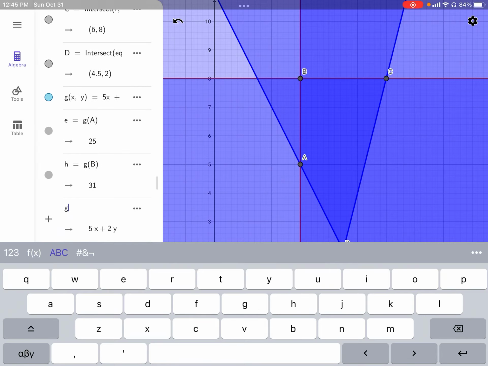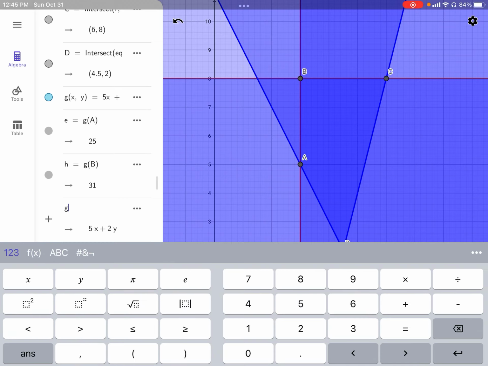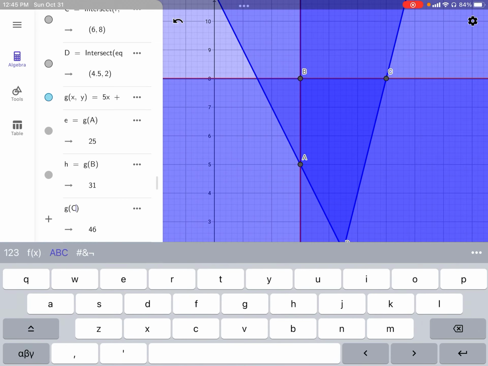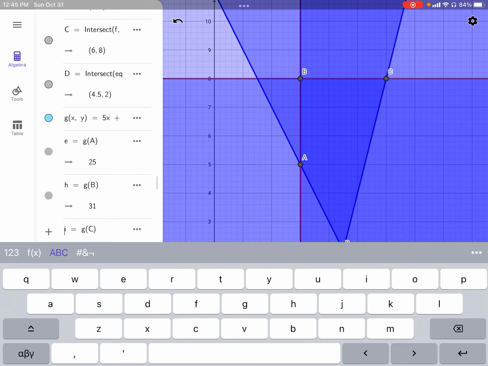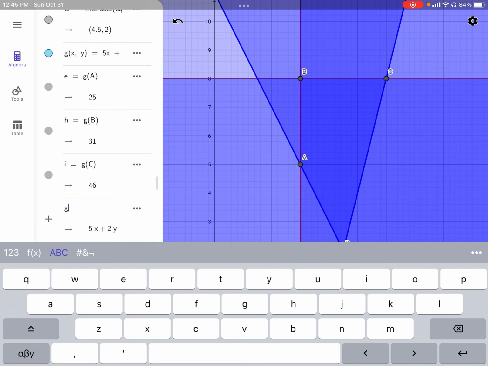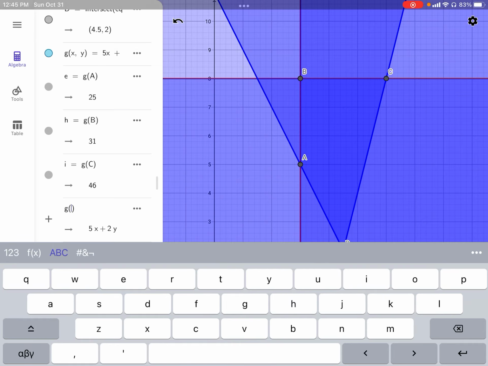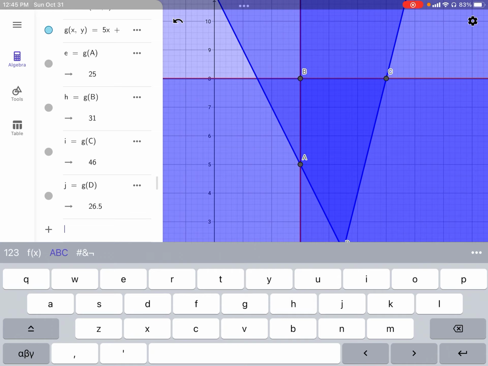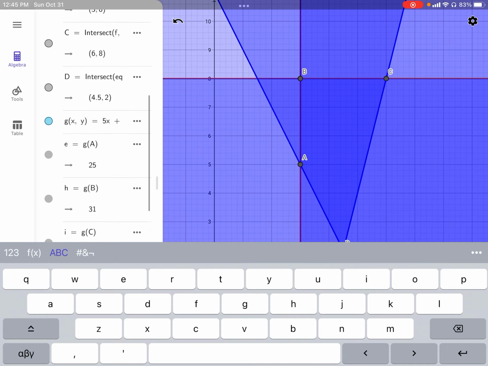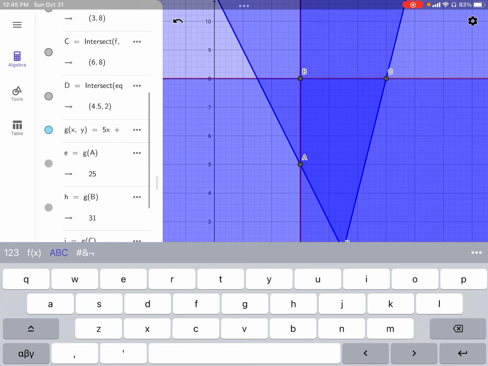G of C. 46. And G of D, our last point. 26.5. So the max was C. The max was the 6, 8.